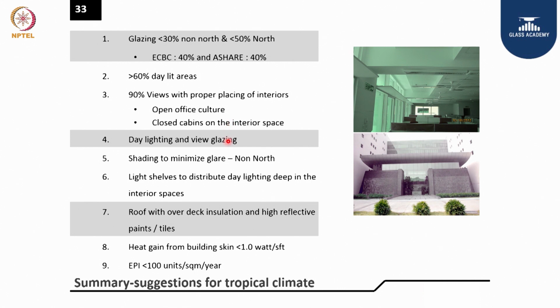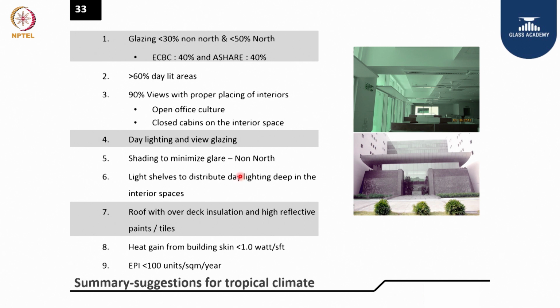And prefer to have daylight and view glazing, so that you can avoid glare and get daylight for the entire day, and shading to minimize the glare on the non-north. So you have to have shading devices if you have glazing of 40% and more. Light shelves avoid discomfort in the perimeter area where there is excess daylight penetration.